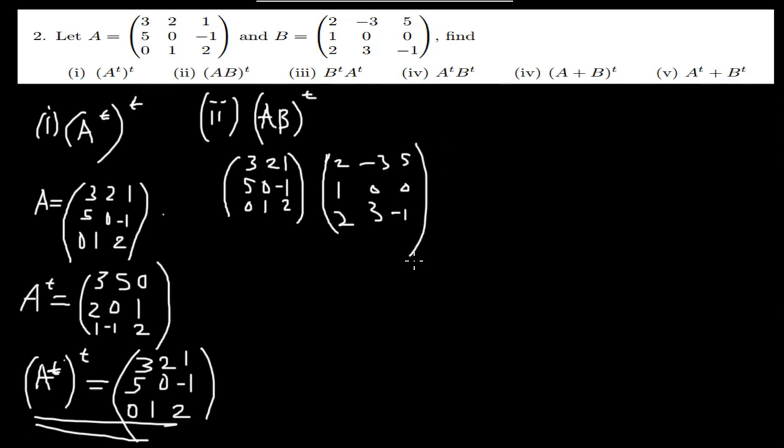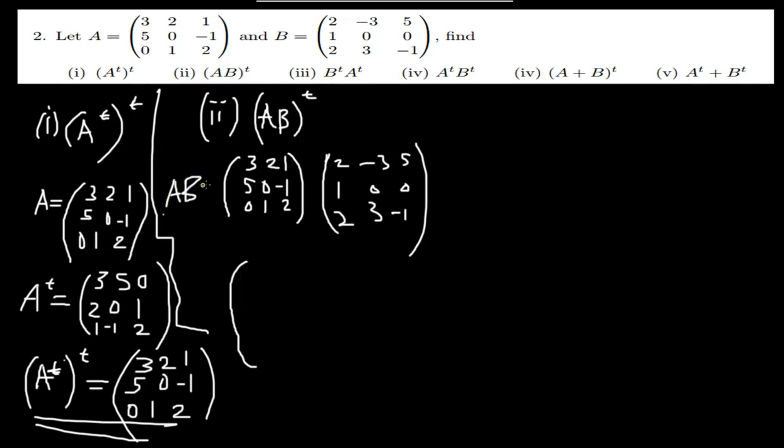So we start now multiplying these. I'll open these brackets. The way you multiply matrices, you multiply them row by column. Hope we all know that by this time. So let me write AB this side.